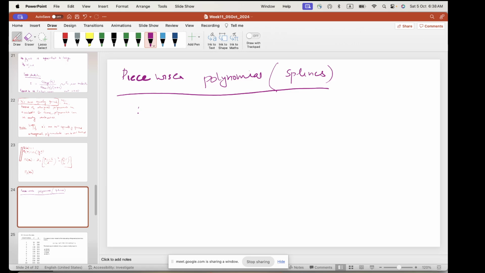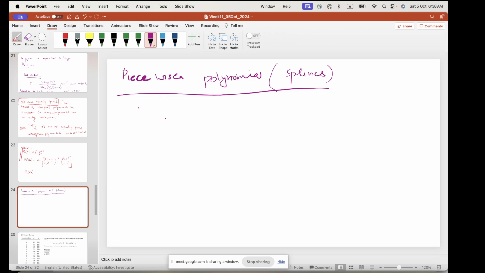So when do we use a piecewise polynomial? Sometimes a lower order polynomial may not provide a good fit. We could increase the order of the polynomial, but that may or may not improve the fit.